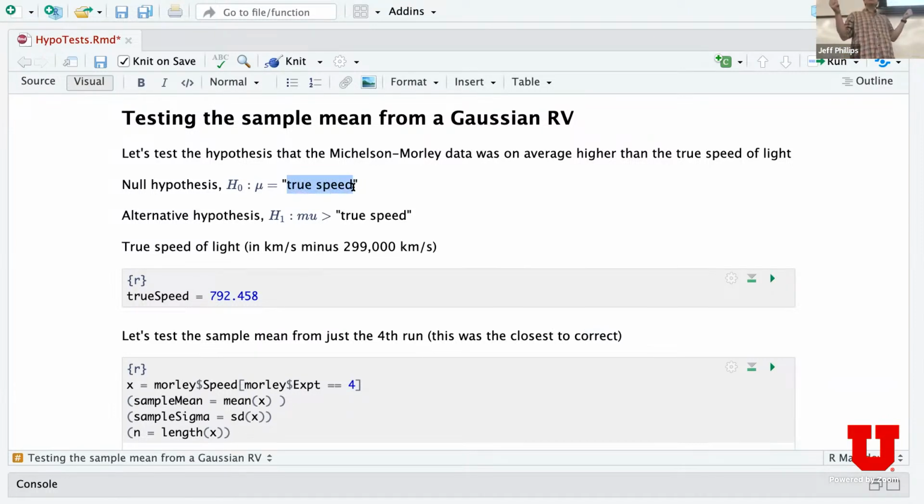We're going to use the actual true speed, 792. And our alternative hypothesis is that the parameter mu that they found is going to be greater than the true speed. And we're going to model this with the normal distribution.